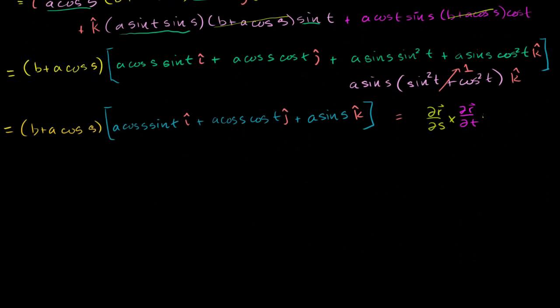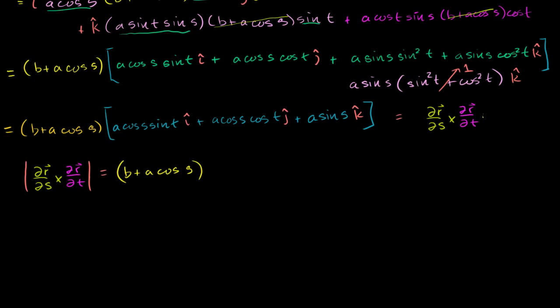Now we want to figure out the magnitude. So if we are interested in taking the magnitude of that thing, that's going to be equal to, well, this is just a scalar that's multiplying everything. So let's just write the scalar out there. So b plus a cosine of s times the magnitude of this thing right here.